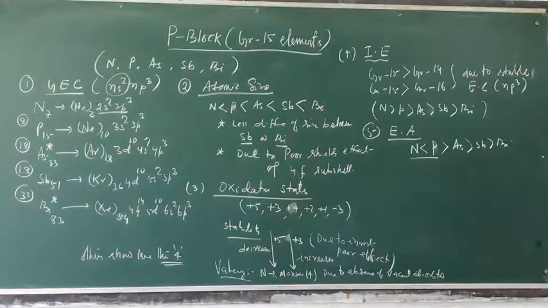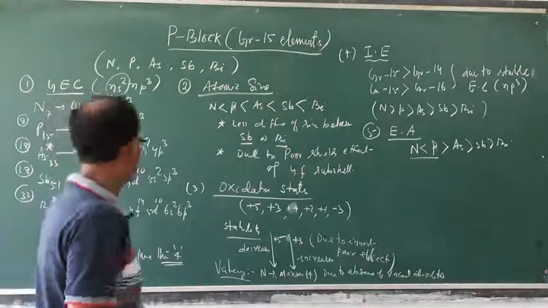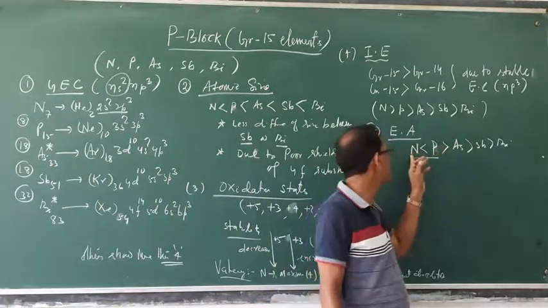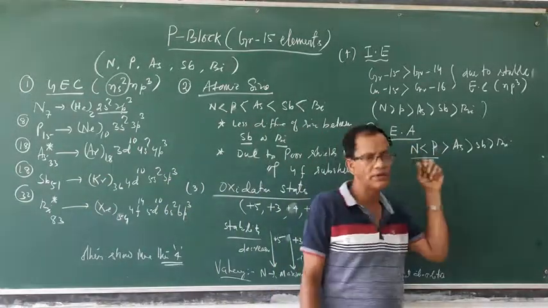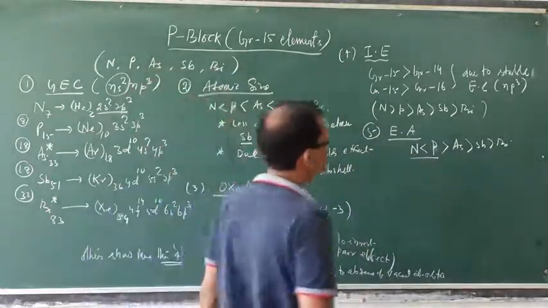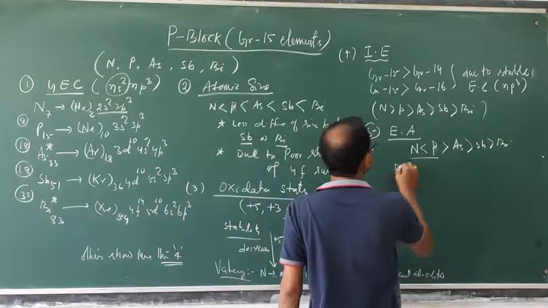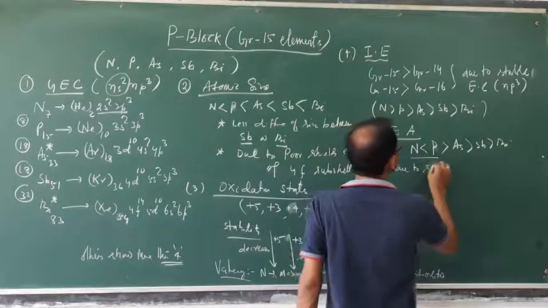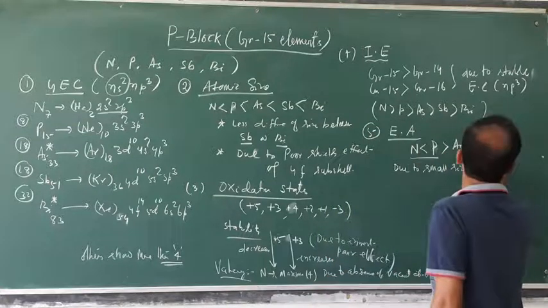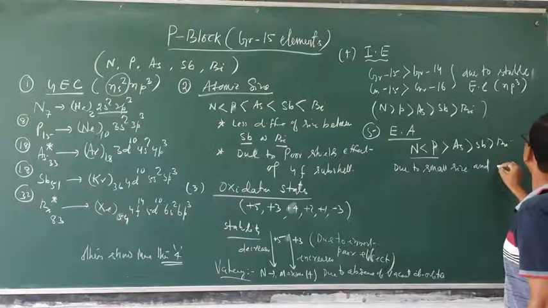Why? Electron affinity of nitrogen is less compared to phosphorus. Although it has small size, electron affinity of nitrogen is less due to small size and electronic repulsion.